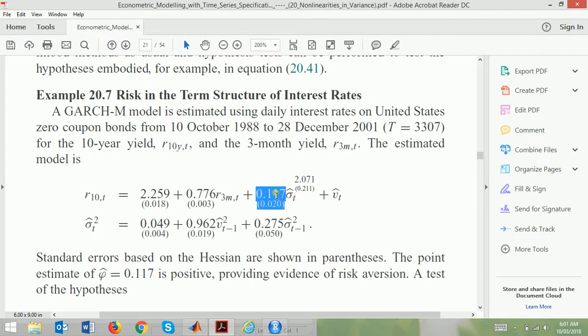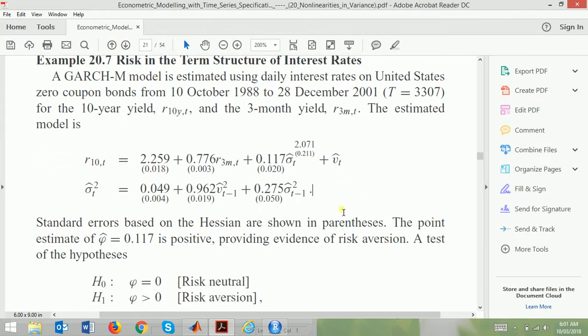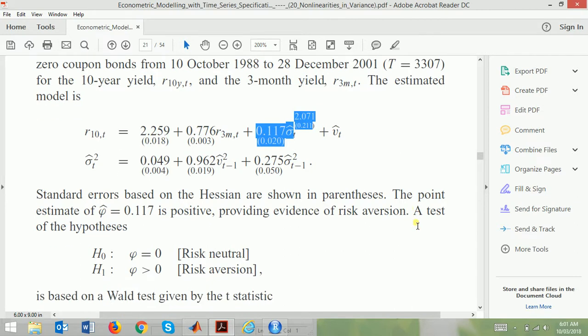So 0.117 is the risk parameter, capturing the risk. And then we have the regular GARCH estimation. Standard errors based on the Hessian are shown in parentheses. The point estimate of the risk parameter is positive, providing evidence of risk aversion.